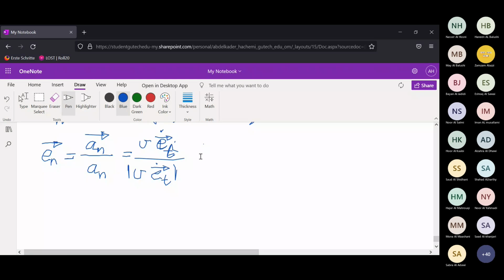Then the velocity is scalar, so it comes out of the magnitude.